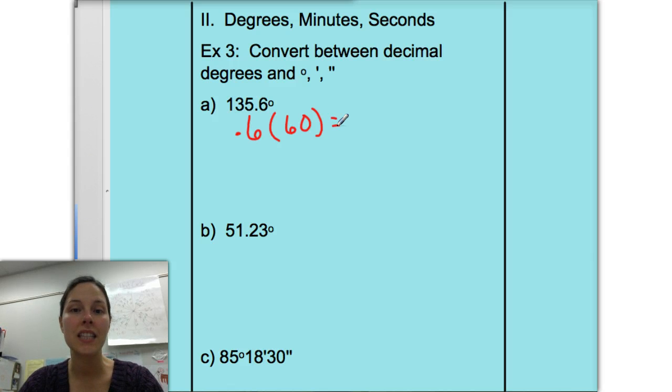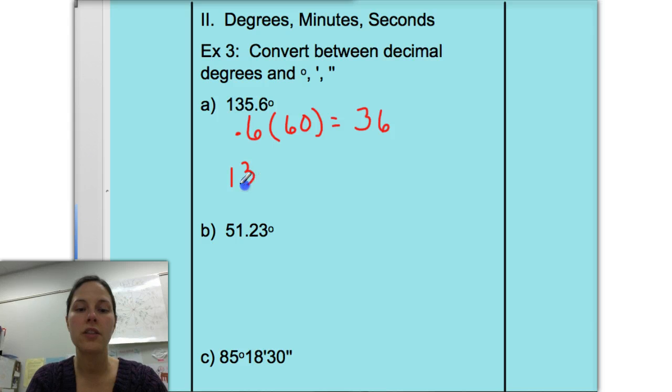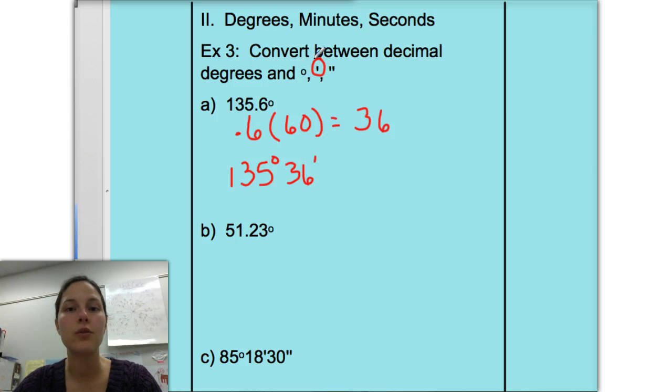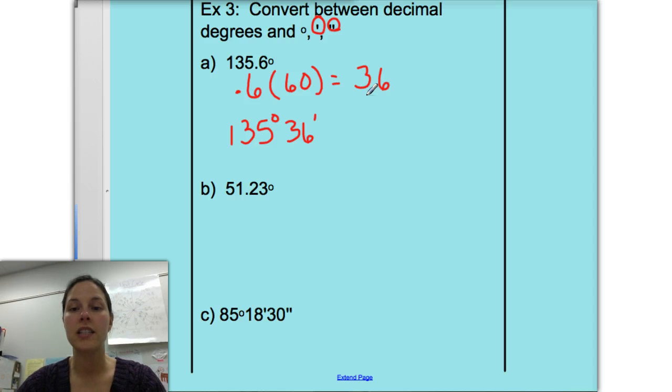So 6/10ths of a degree multiplied by 60 will give you how many minutes are in that degree. And in this case, this works out evenly. We get exactly 36. So this converts to 135 degrees, 36 minutes. The single tick mark is the unit for minutes, and the double tick mark is for seconds. Since that one converted exactly, we have no seconds on this one.